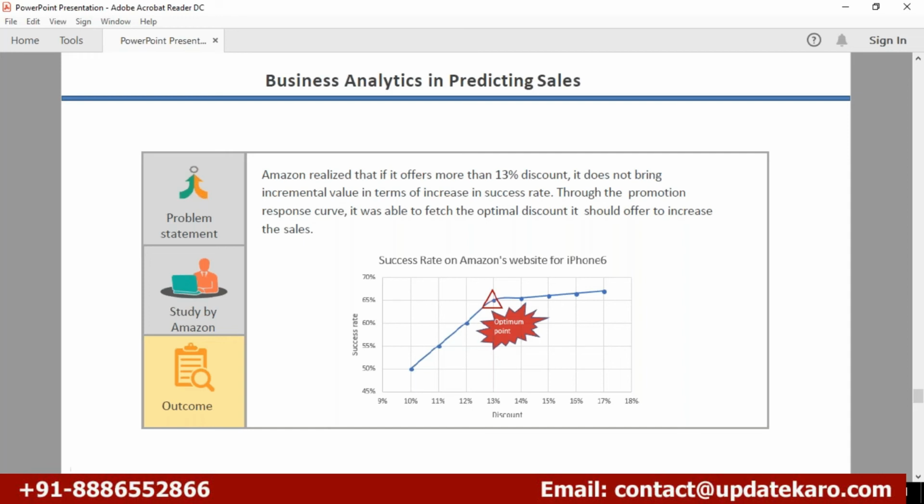As an example, I told you, beer and diapers, they were placed side by side to increase their business. It was made convenient for the customer to understand what he's frequently buying and which products he's buying in combination. So this is called as market basket analysis.